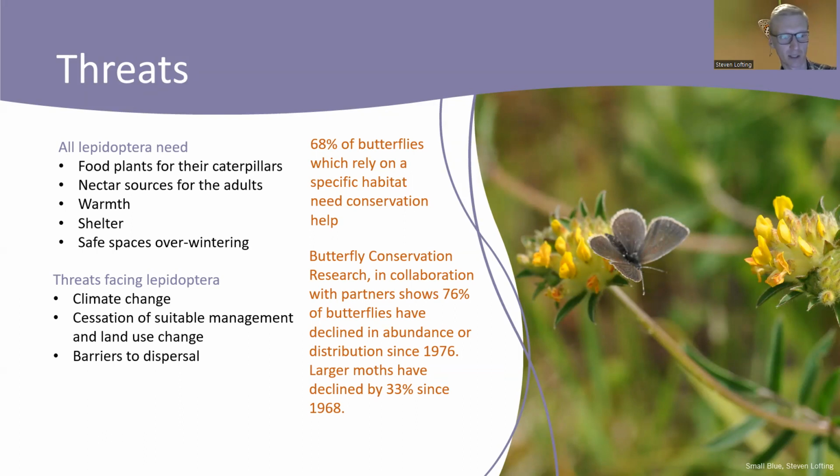That's where either management is stopping and we're not enabling the turnover and succession for species to carry on, or there's a change in practice such as farming or agriculture. And then there are barriers to dispersal, where the landscape becomes fragmented to the point that the species is no longer able to disperse along it, which creates a barrier for it to complete its life cycles, and also to find genetic viability across a wide area.